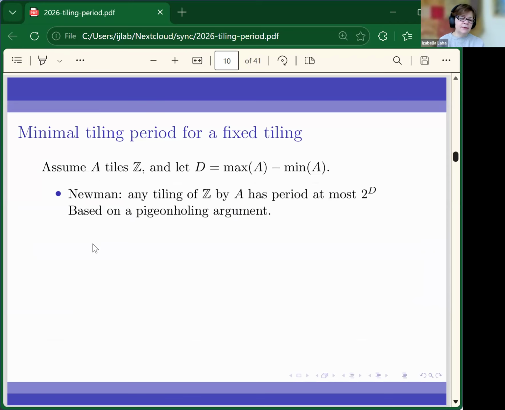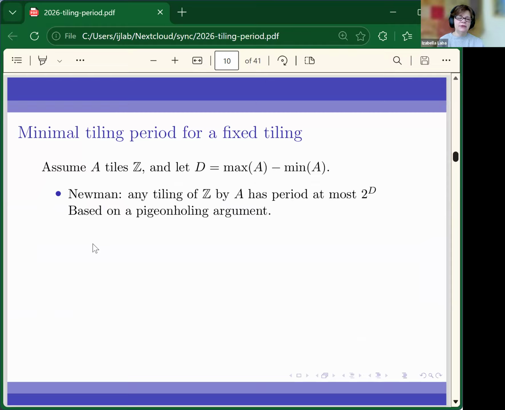Now, here are a couple of answers. We do not know the full answer to either question, but there are partial results. The first one goes back to the work of Newman that I mentioned earlier.